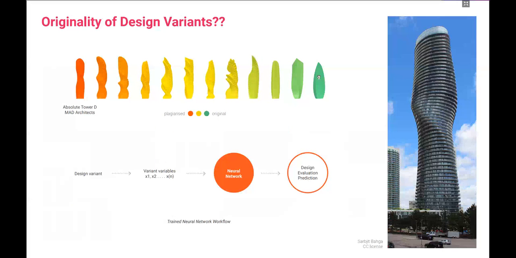And we basically got a bunch of them rated by both architects and non-architects in terms of how they perceive the originality of the design options compared to this original design, right? So if you look at this image, the one on the left is the original design, and these are a few examples of the variants that were rated, arranged in the order of originality, which is shown in green.